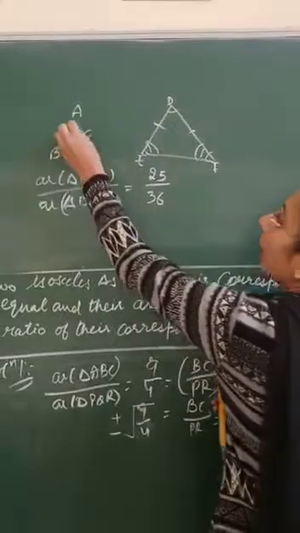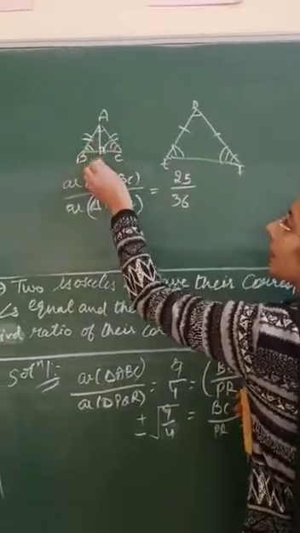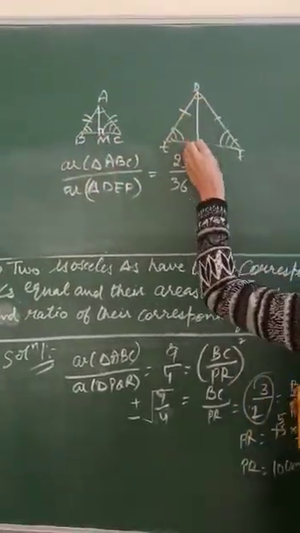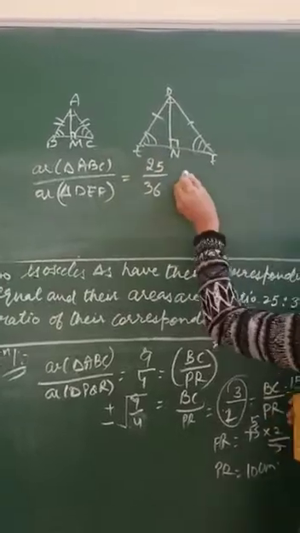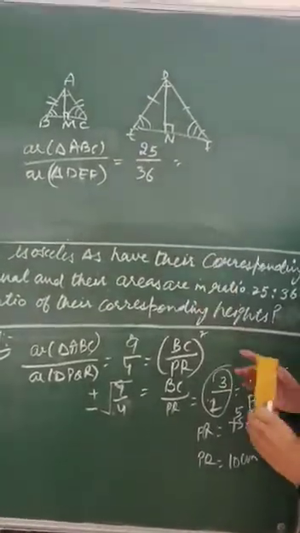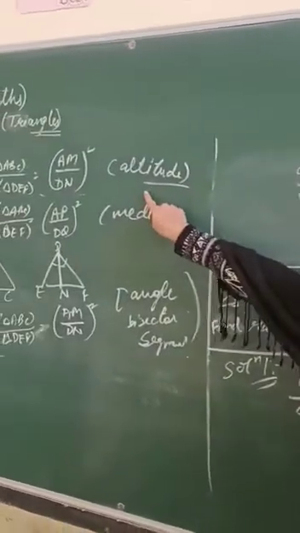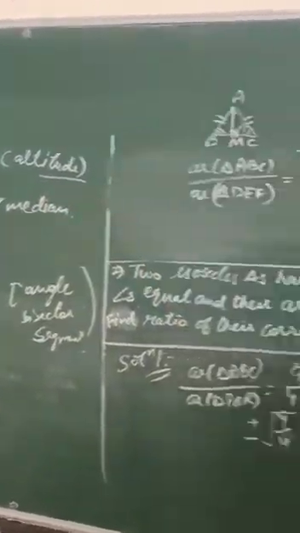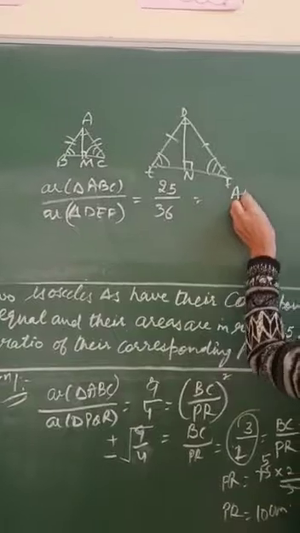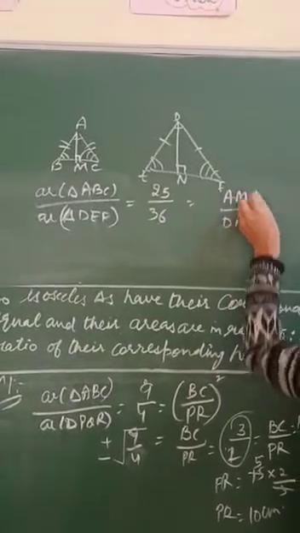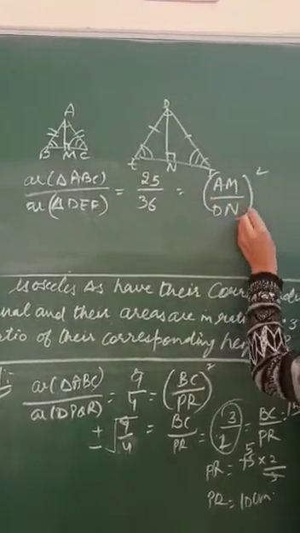Heights mean the perpendicular distances, here AM and here DN. So we have to find out, and already we discussed the heights, altitudes are also in the square part. So we can write here this is equal to AM upon DN, squared. Okay, this ratio we have to find out.